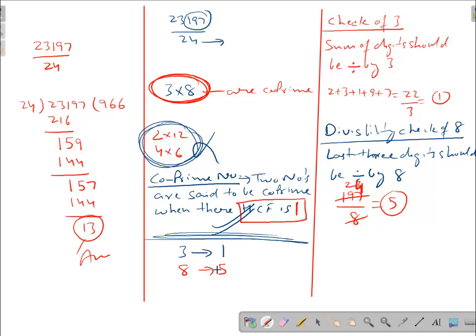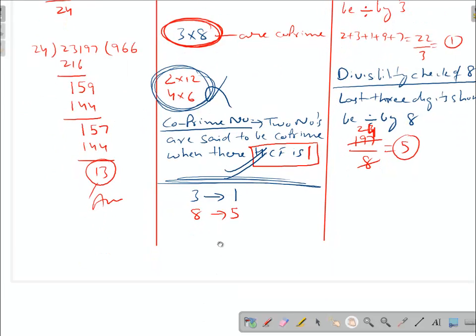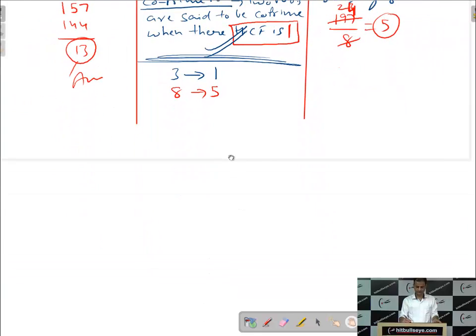Now the question is converted into: we have to find a least number which, when divided by 3, gives remainder 1, and when divided by 8, gives remainder 5. Now I will continue to the next page. Can we find the least number which when divided by 8 gives remainder 5?